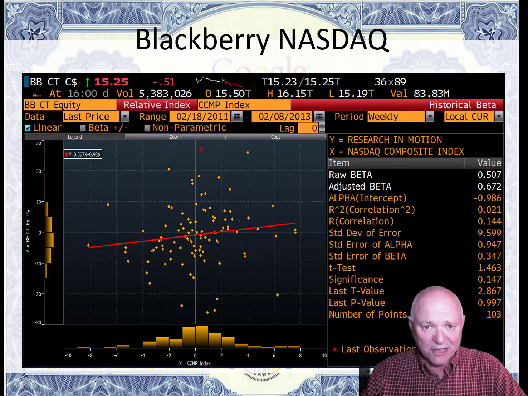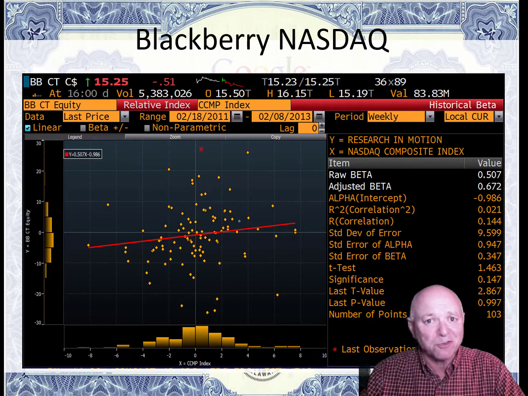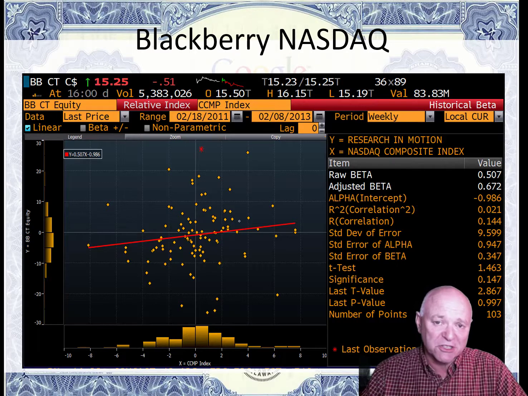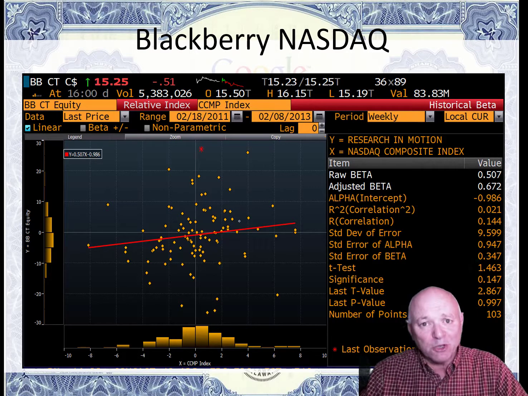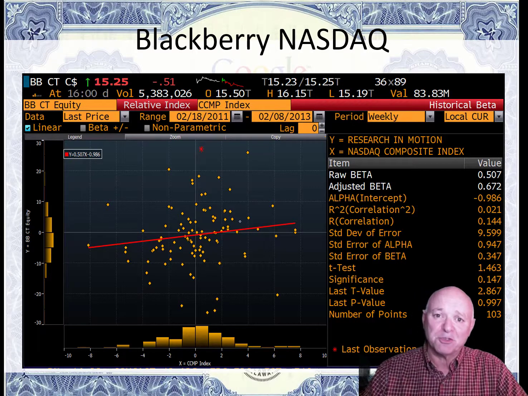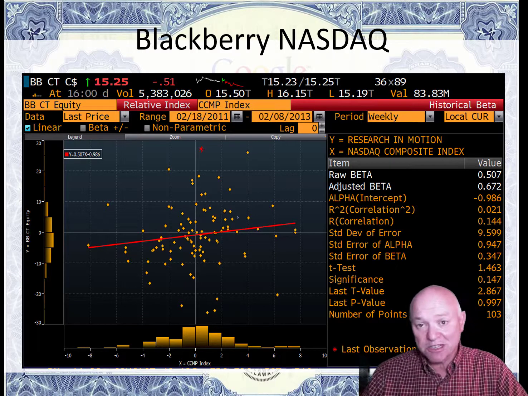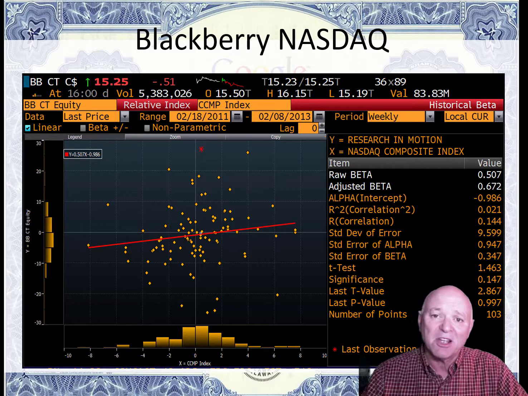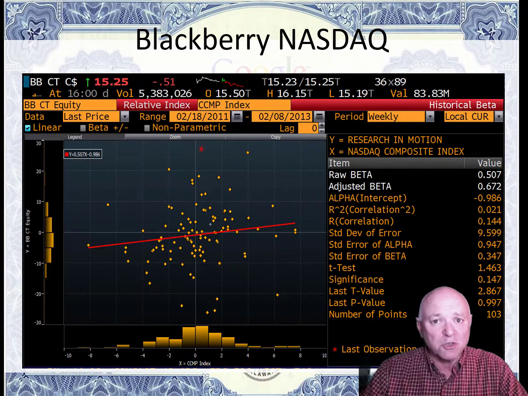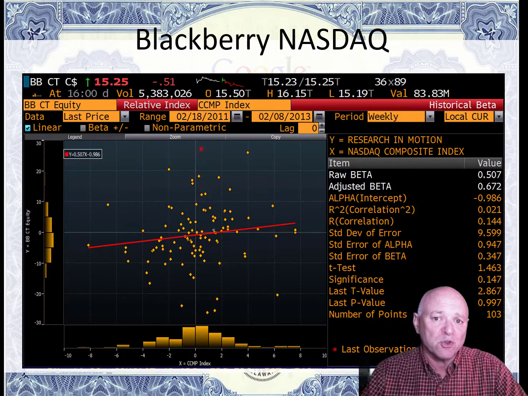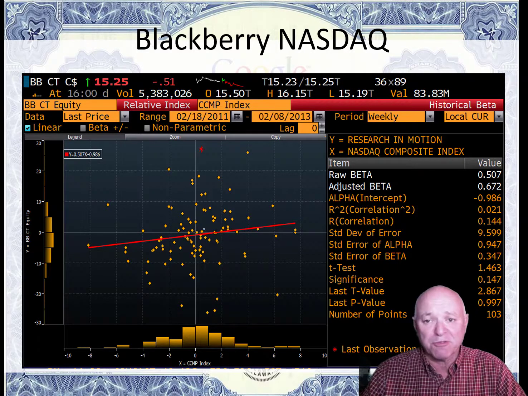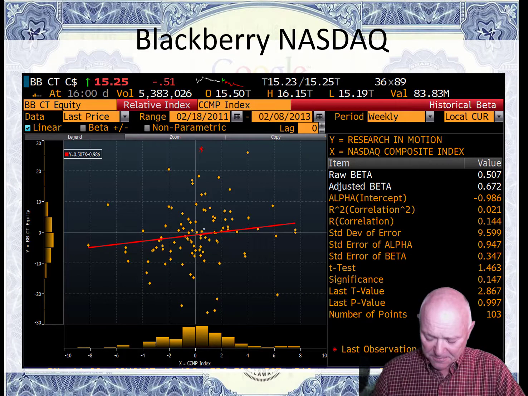Not so much in the way of technology companies. So relative to banking and other industrial businesses, BlackBerry looks quite volatile. Relative to the other technology companies that we typically see listed on NASDAQ, not so volatile at all. So depending on your purposes, make sure you're using the right beta, the beta from the correct index.